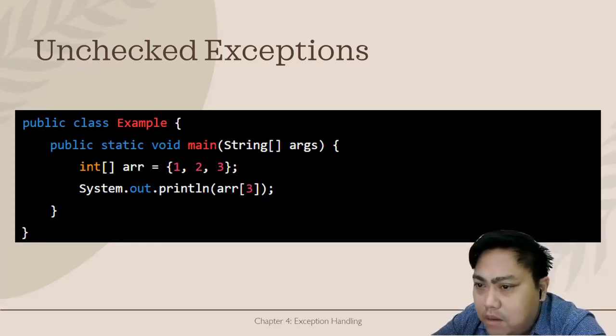The main method tries to access the fourth element of an array that contains only three elements. Our array in this example contains only three elements: 1, 2, and 3. But under the second statement, System.out, we are trying to display the value of array index number 3.